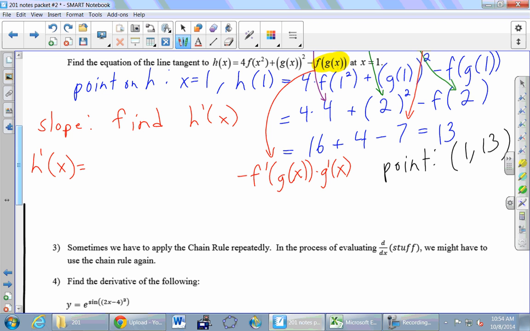So let's do the same kind of thing with this function. Okay, so first of all, that's a 4 times. Constant multiples stay or disappear when you take derivatives? Stay. So we're just going to start with a 4 times. It's a different color here, so we're going to now do the derivative of this guy. 4 times. Okay, I have f of x squared.